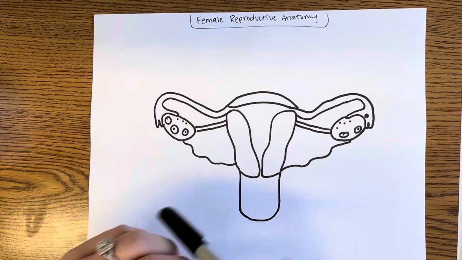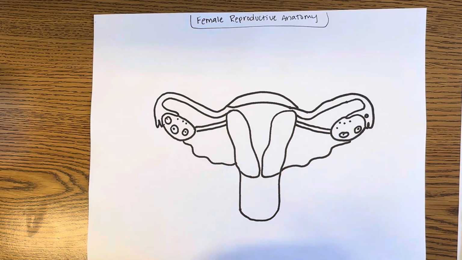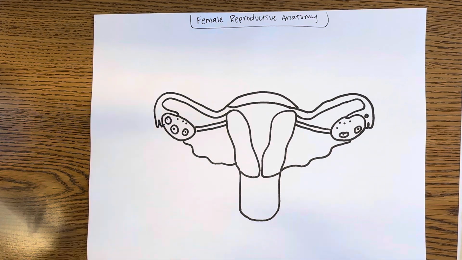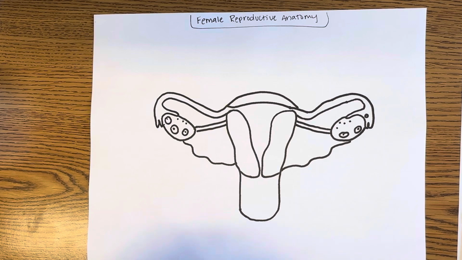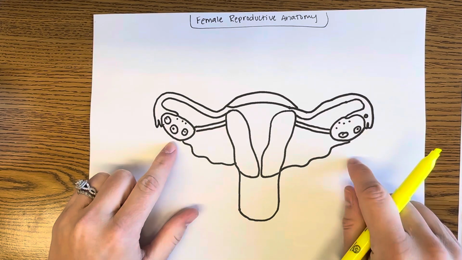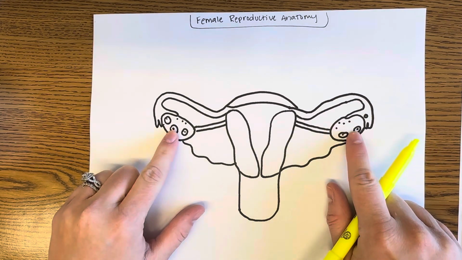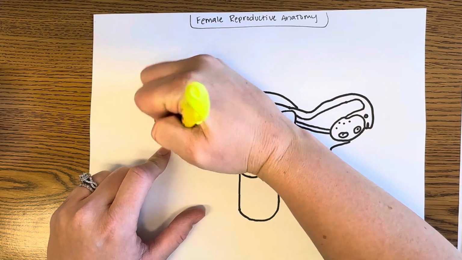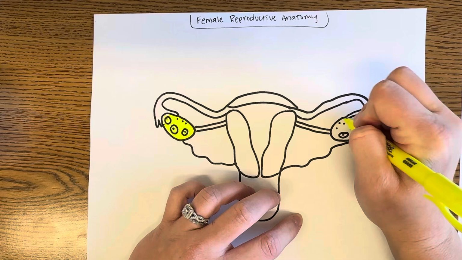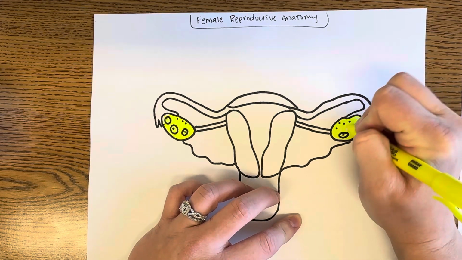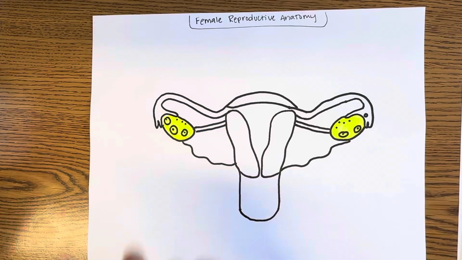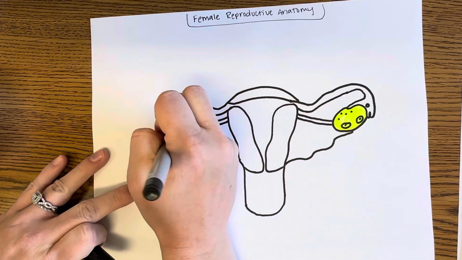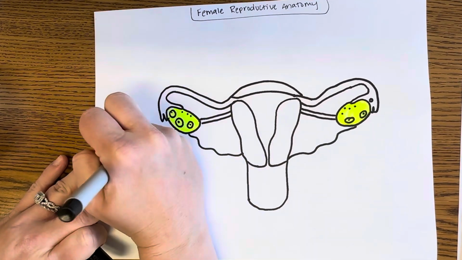All right, so what we are going to go ahead and start with is actually the primary reproductive organ of the female. And those are going to be the ovaries, which are on either side here. So I'm going to take a yellow and I'm just going to highlight both of these. And we're going to label it right over here, ovary.